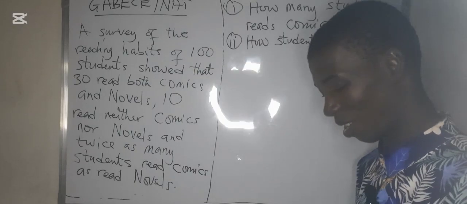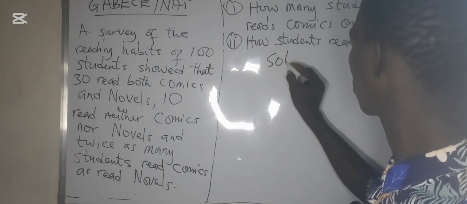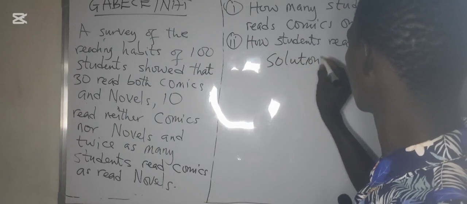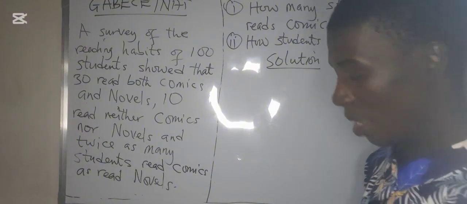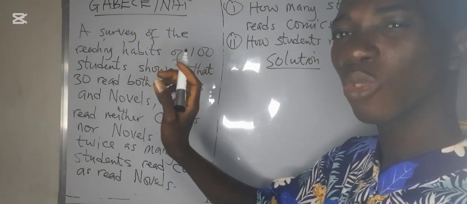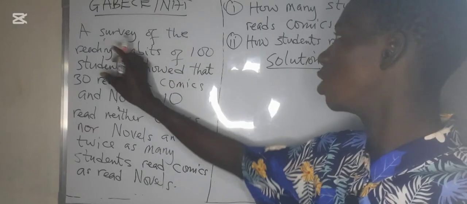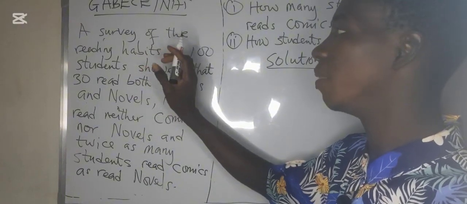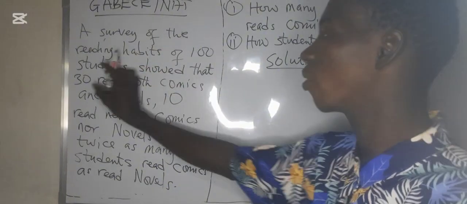So let's solve this out. Solution. Remember, what is the total number of students? 100. They say a survey of the reading habits of 100 students.